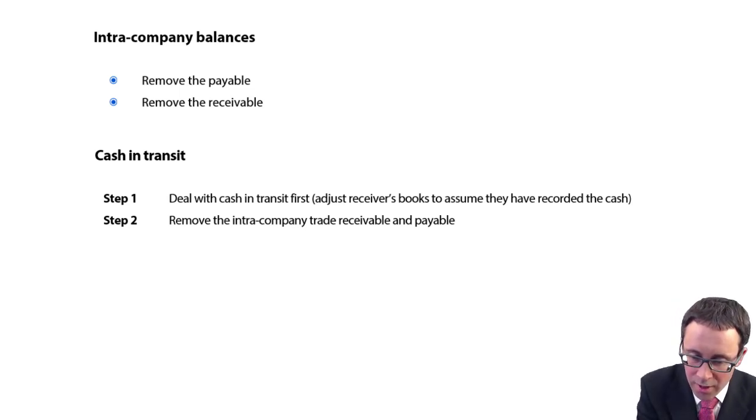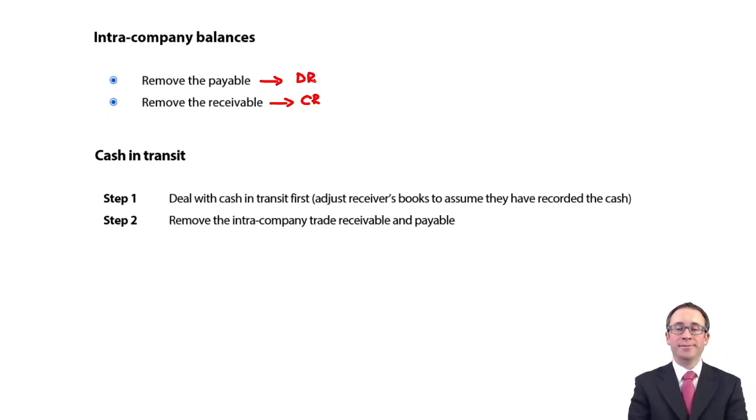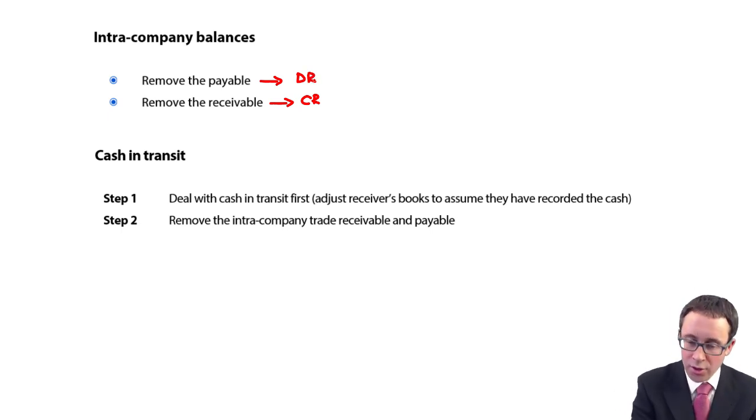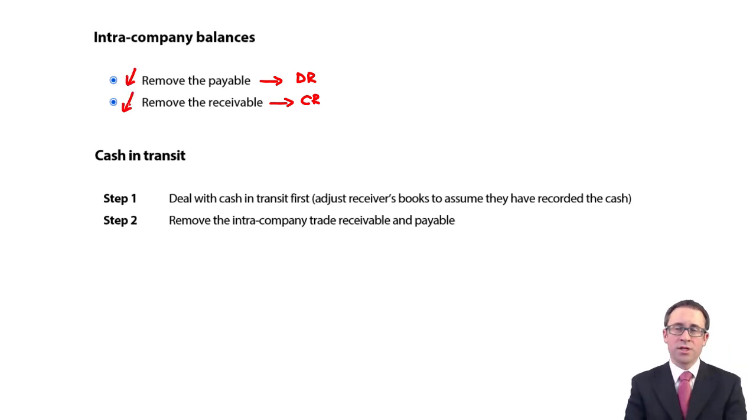So here, your removal of the receivable is effectively whereby we will credit your receivable and you debit your payable. Okay. So you reduce the payable and you reduce the receivable.